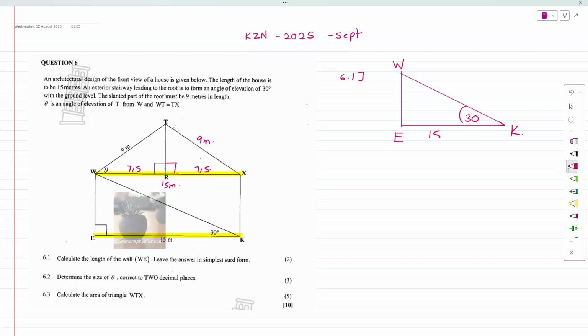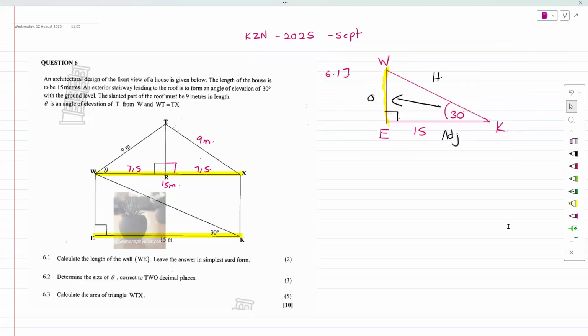That's 15, and they want me to calculate WE. Now, please label your triangle first. In terms of 30, that's opposite, hypotenuse, and adjacent.